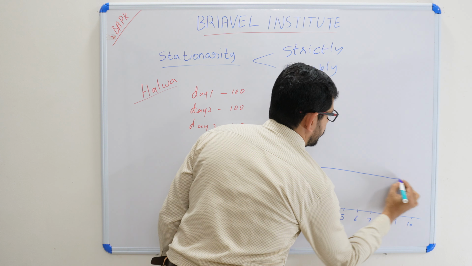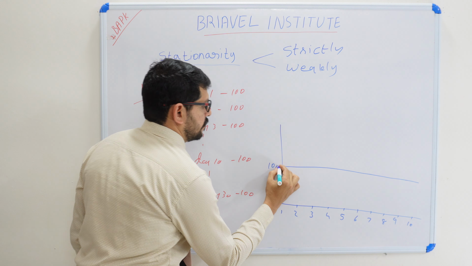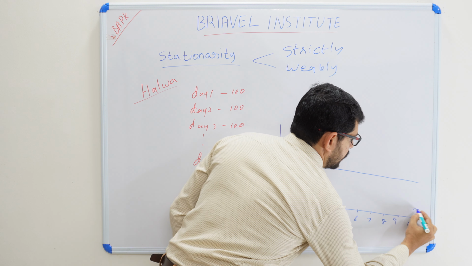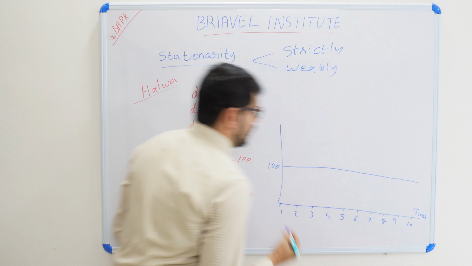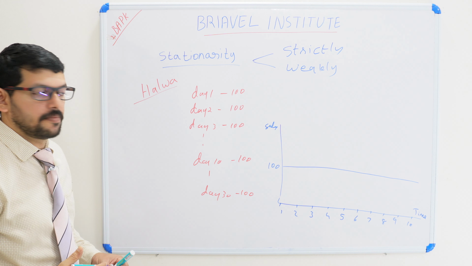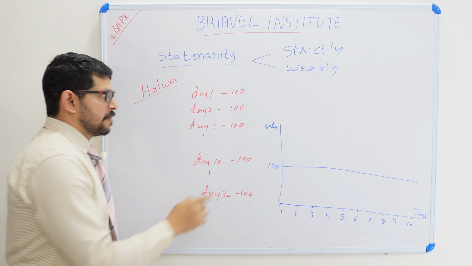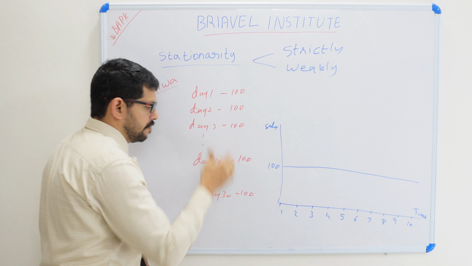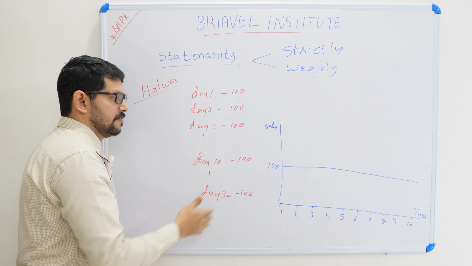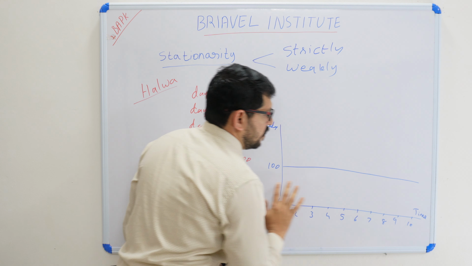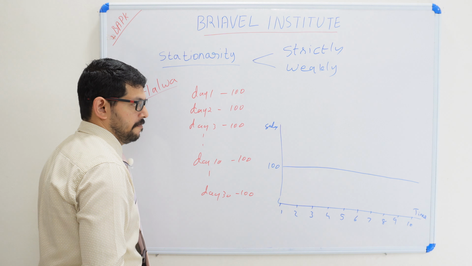As time goes on, the sales are constant at 100. From day 1 to day 30, it is the same, even over the last 5 years. So you see the sales graph is horizontal, a straight line.